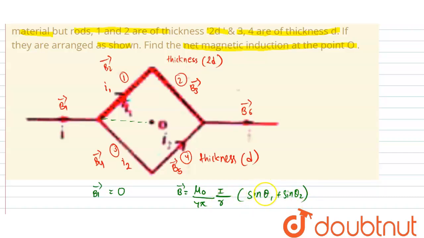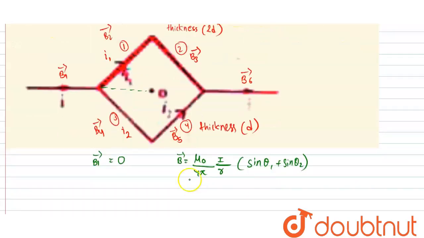Theta 1 is the angle between the point and the one end of the rod. Theta 2 is the angle between the point and the other end of the rod. So here in B1, both the ends are making angle 0 with the point. So sin 0 is 0. So B1 is equal to 0. Same in this B6 also, angle is 0. So B6 is also 0.